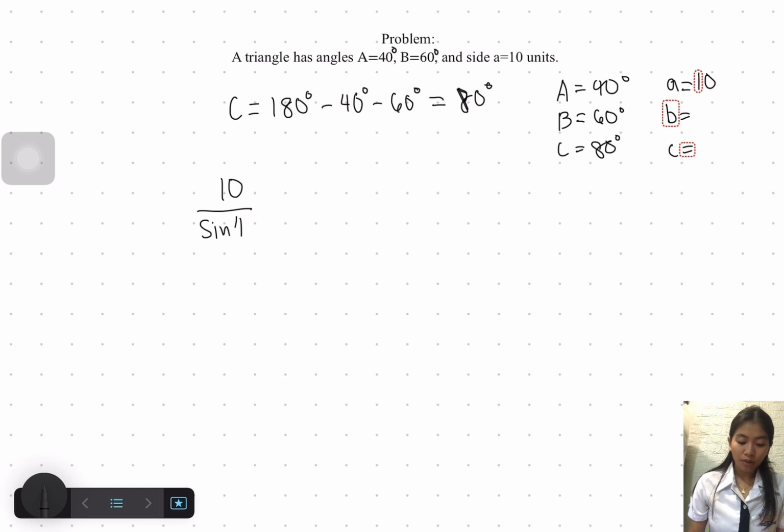Okay, let's proceed. Our solution for that would be 10 over sine 40 is equal to b over sine 60, and c over sine 80 degrees.